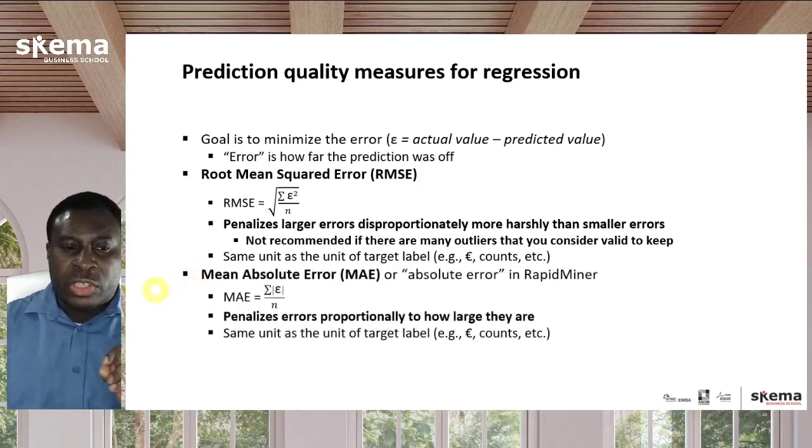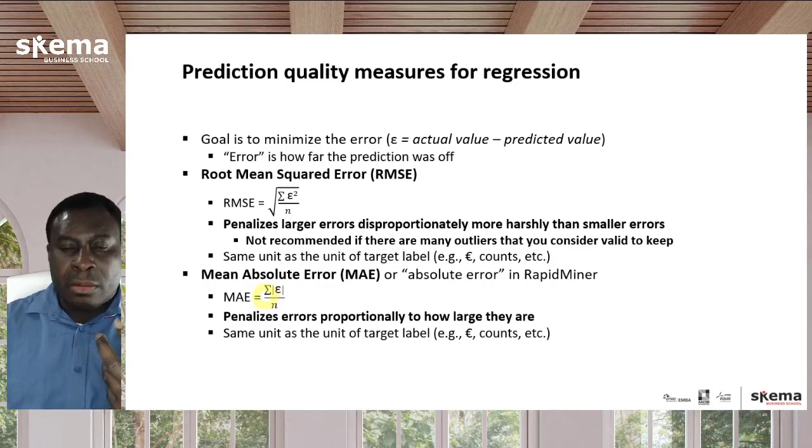Another popular measure is the mean absolute error, or MAE. In RapidMiner, this is called the absolute error. This is similar to the RMSE, except that instead of squaring the errors and then taking the square root, it just takes the absolute value. That is, it removes the sign, and then it adds them all up and averages them.